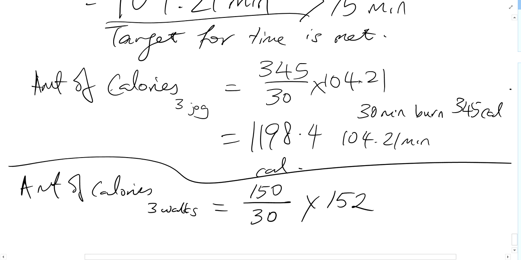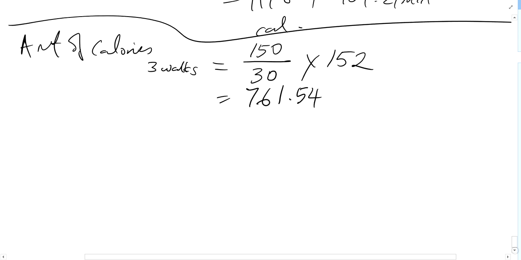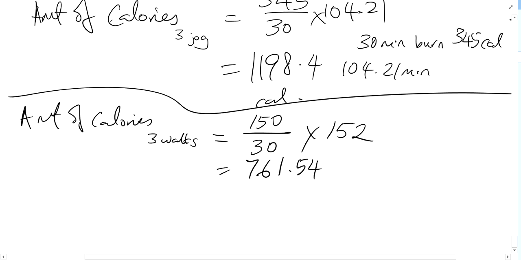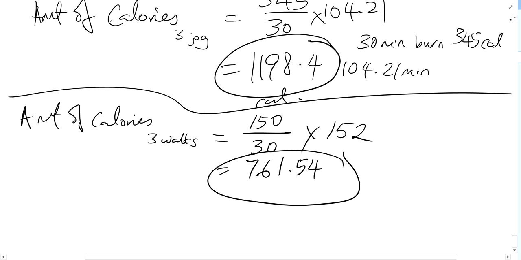Because earlier we calculated 152 minutes. Did we? Yeah, we did. So multiply by 152 and we get the answer for calories used in 3 walks, 761.54.